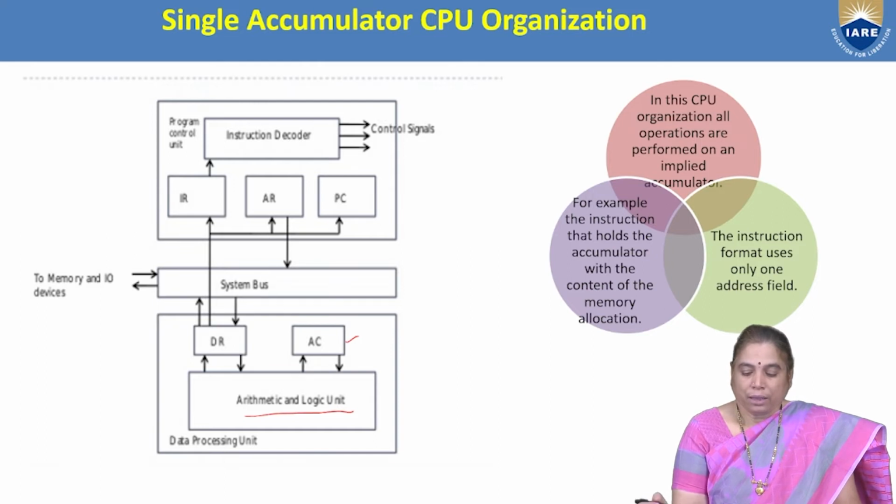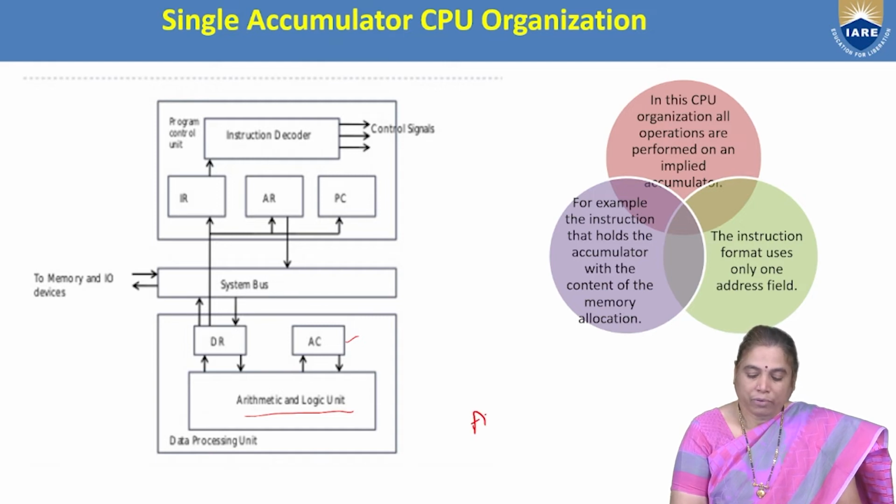So here, if you want to perform any operation, the first operand can be loaded and stored in the accumulator, and that operand can be used to perform the operation. For example, if you want to perform an add operation, ADD R1.